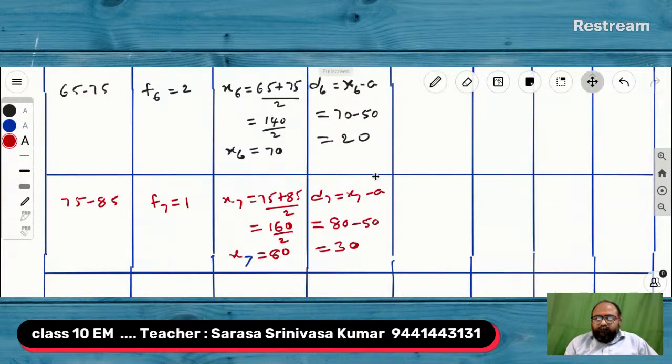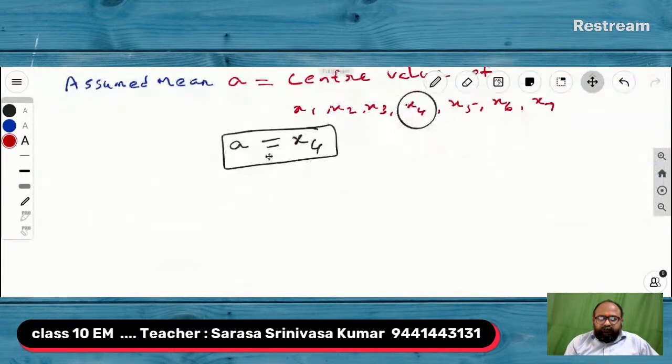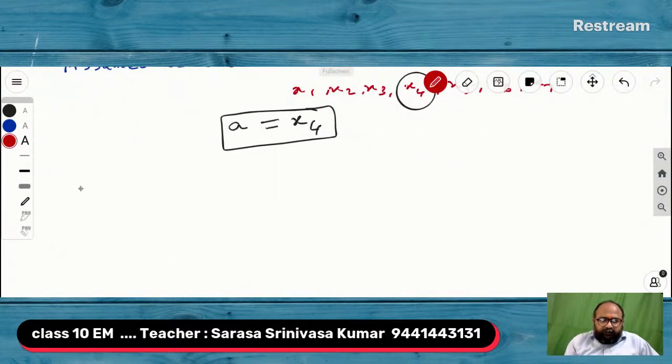Now after calculating all this, we consider the value h. What is h?